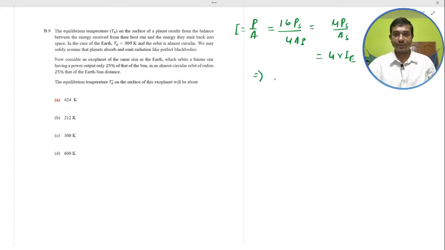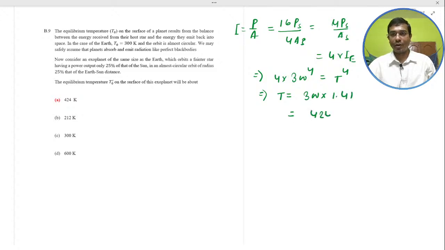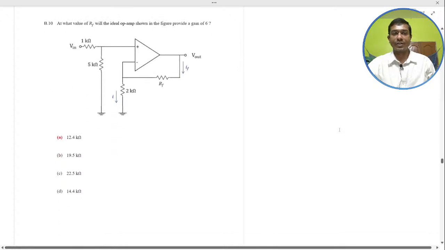Put this value 4 into 300 to the power 4. This is equal to T to the power 4. So T would become 300 into 1.41. It will become 424 Kelvin. So 424 Kelvin would be the correct answer. Next question.